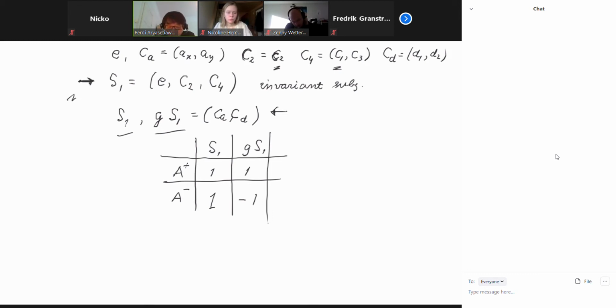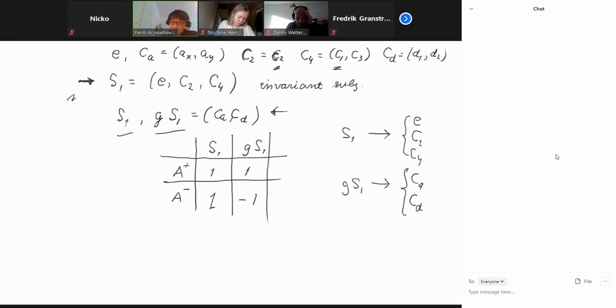You remember that you can associate the element S1 with the bunch of elements E, C2, and C4 here. And then you have GS1, which you can associate with the other one, the CA and the CD. These are the classes. So, because of this homomorphism, I can use the representations for the factor group as representations of the original group.